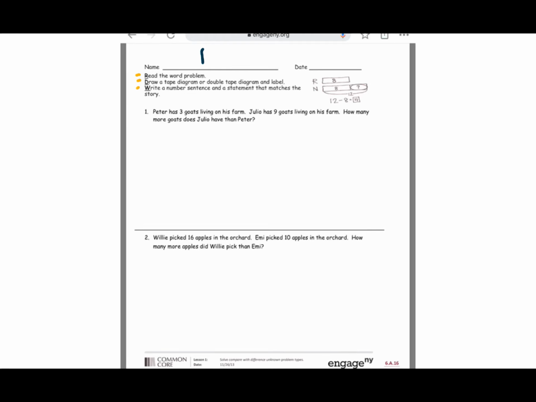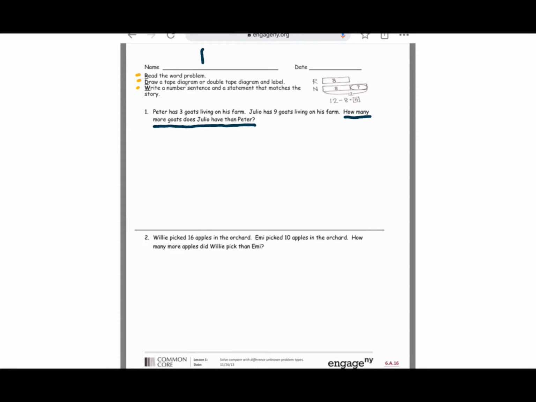Okay, boys and girls, the first thing we want to do to help us solve the problem is we're going to look for our question. What is the question to this story? Well, the question ends with a question mark, and I'm going to underline the question. I want you to underline the question. How many more goats does Julio have than Peter? That is the question, boys and girls.